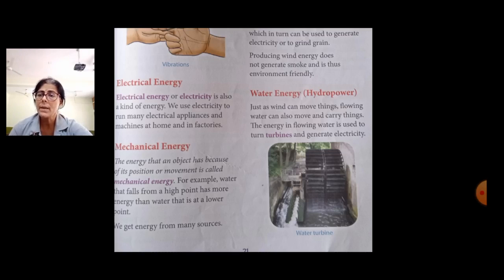Water flowing down from the peak of a mountain has more energy than water that is flowing on the ground, right? So we get energy from many sources.